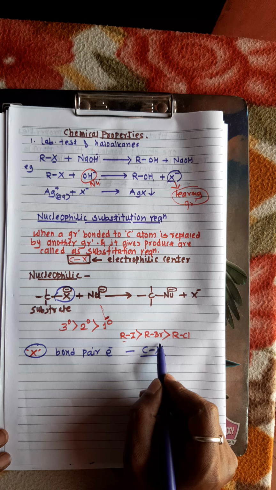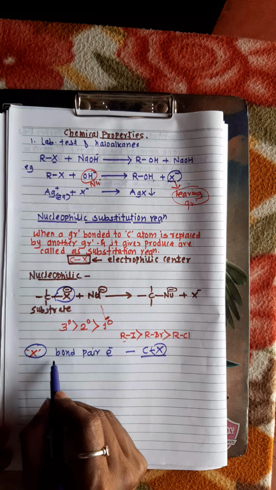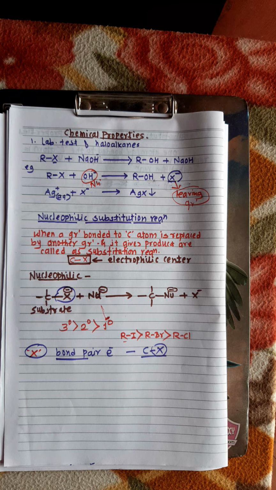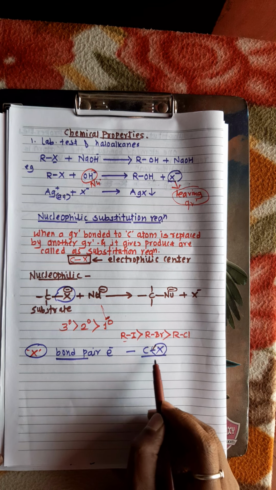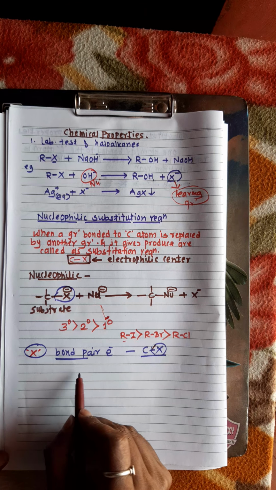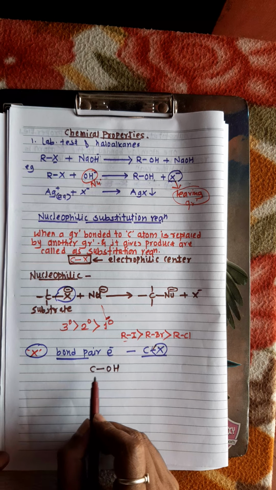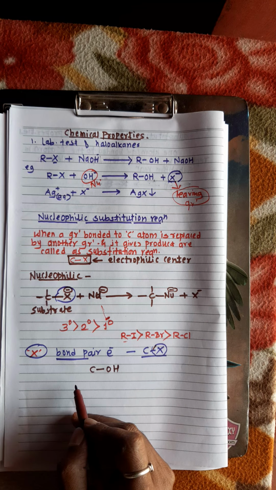Hence, the original C-X bond undergoes heterolysis, and as it leaves, a new bond is formed between the nucleophile and the carbon atom.